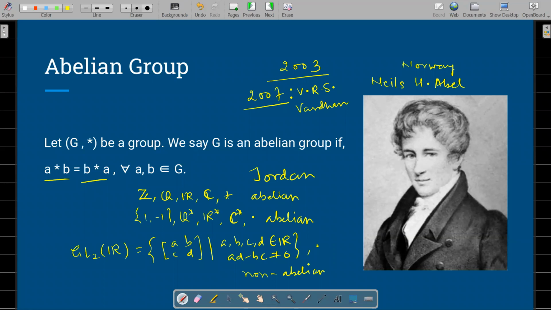So what have we written, this GL2? That's the notation for that group. Like we say Q for rationals, R for reals, C for complex. On the same lines, this is called the general linear group of matrices of order 2 cross 2. More generally, GLn stands for n cross n matrices.